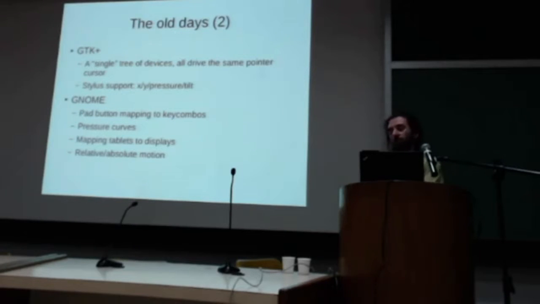It also allowed, and still does, mapping tablets to displays. So, for example, in setups where you have multiple displays, you want a tablet to only deal with one display, or you can flip between them and whatnot. And you can also configure the stylus to have either relative or absolute motion.